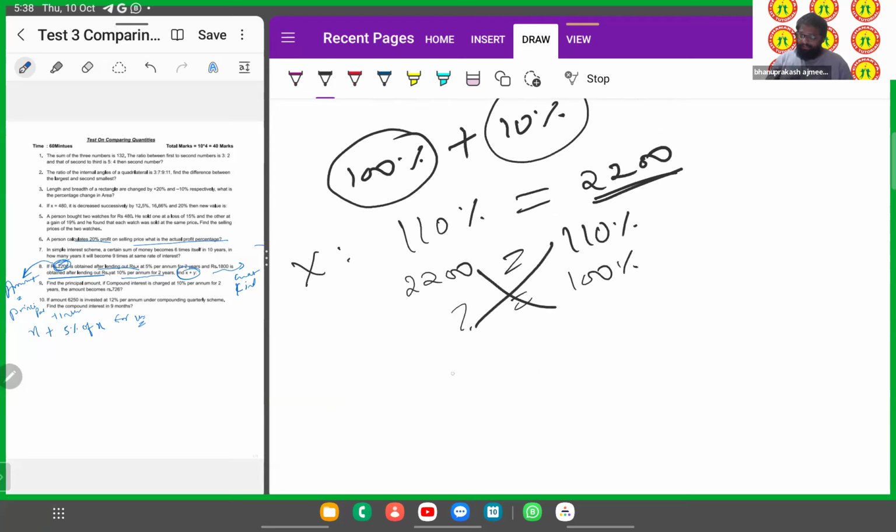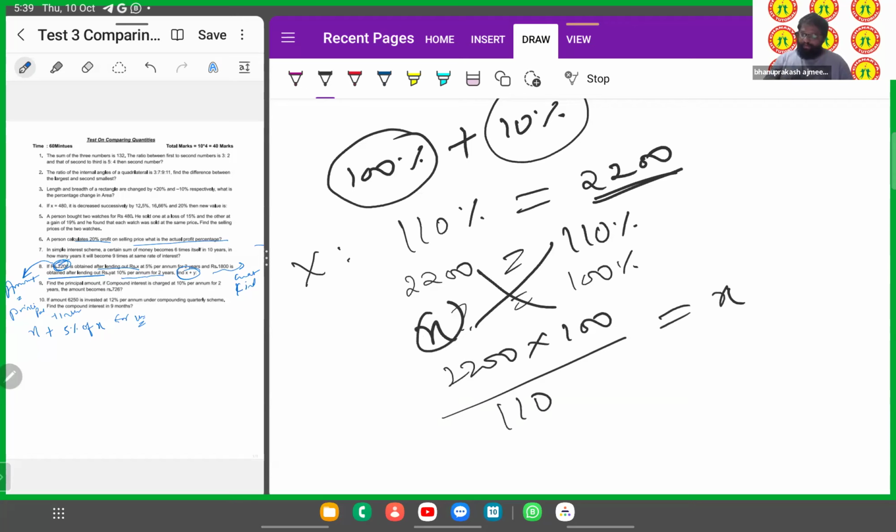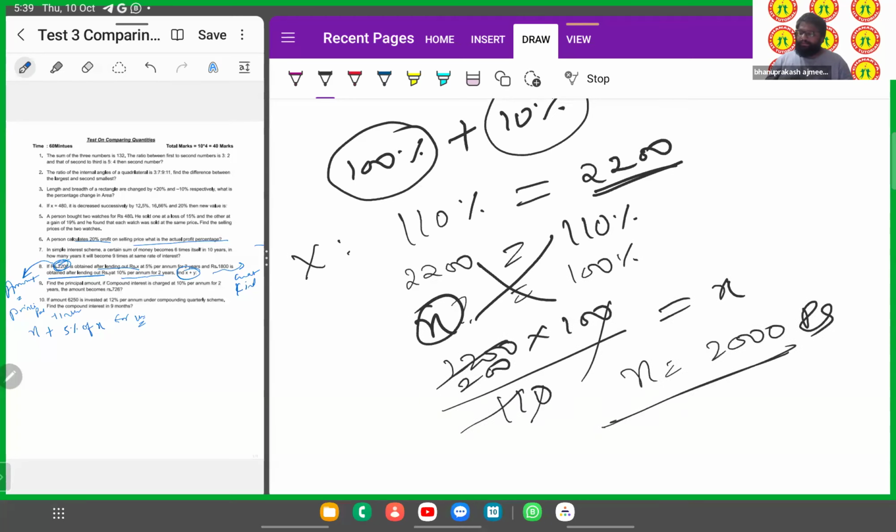Let's calculate: 2200 into 100 by 110 is equal to X, where X is the amount for 100%. This 0 will get cancelled. 11 ones are 11, 11 twos are 22, so X is equal to 2000 rupees.